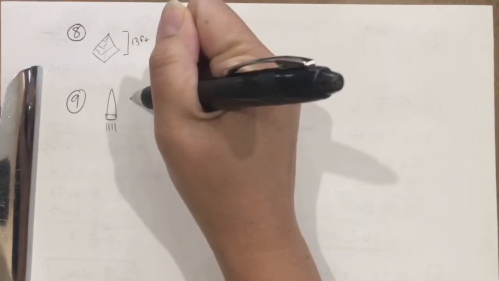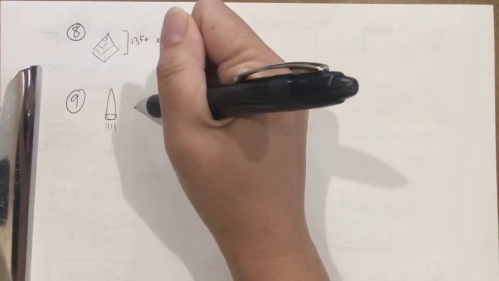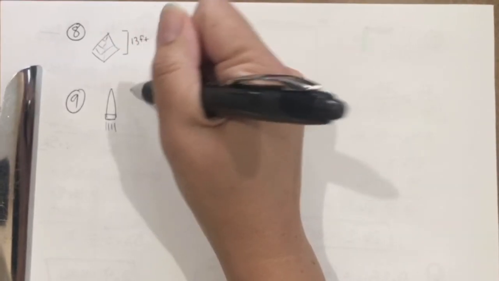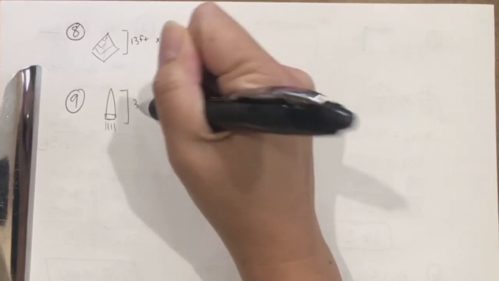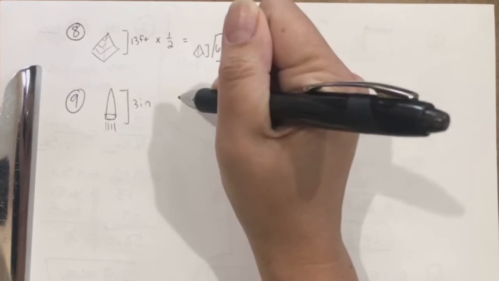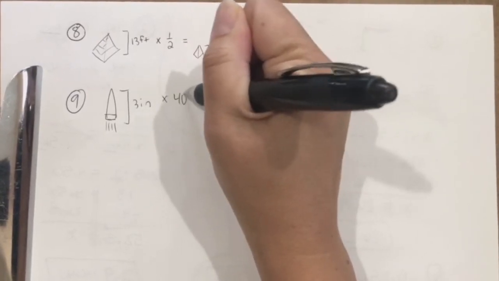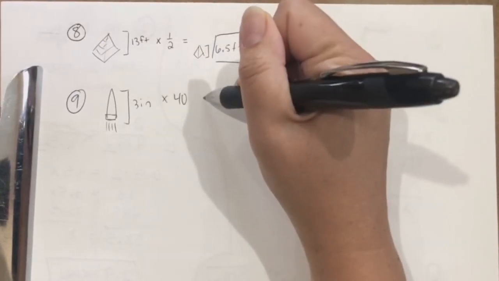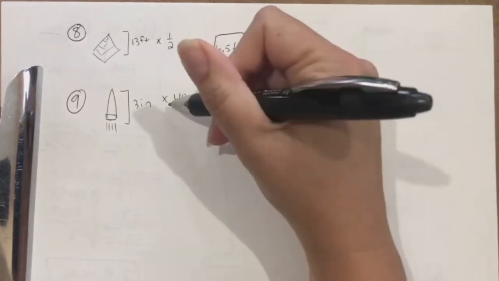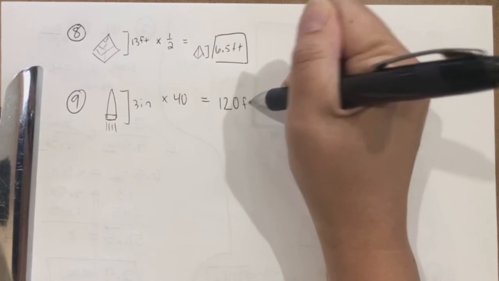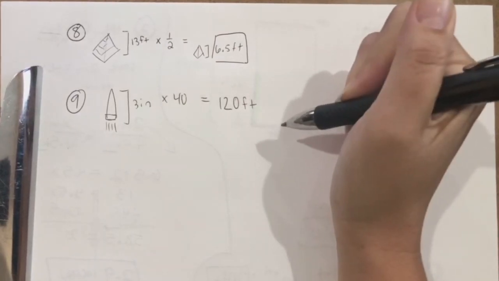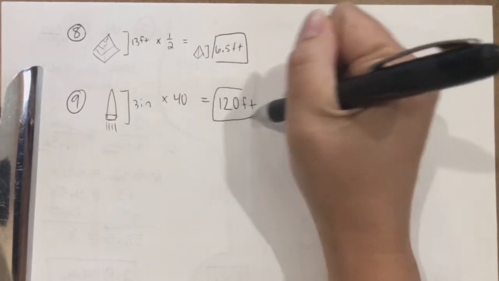And okay, so we have a rocket, and it is 3 inches tall, and 1 inch corresponds to 40 feet. We're just going to multiply by 40 to get the height of the real one. So 3 times 4 is 12, put the 0 on, and we have 120 feet.